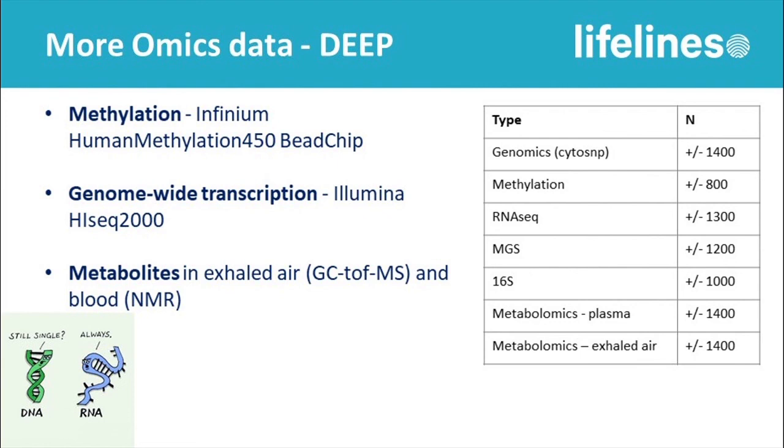Methylation profiling was performed on approximately 800 of these DEEP participants. We have RNA-seq data available, and metabolomics were analyzed. So we have metabolites in exhaled air and blood available. On the right side, you can see a table where you can see the sample sizes of the different analyses which we have available.